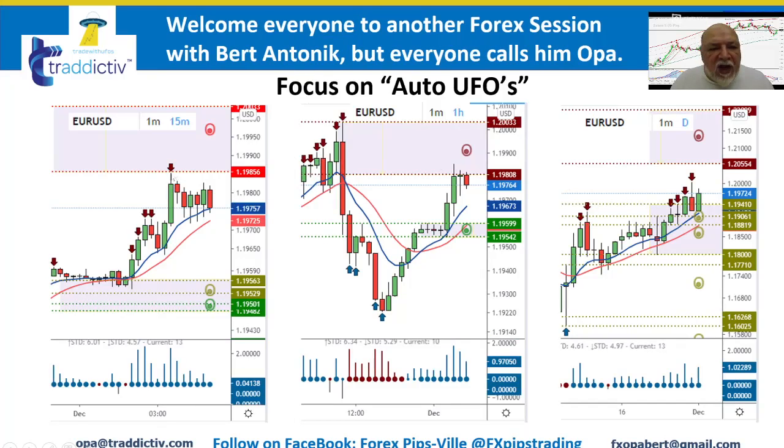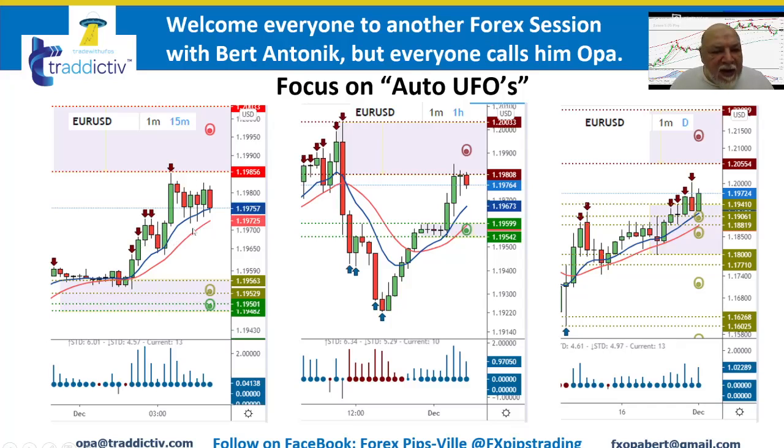Here is an indication of how we correlate multiple time frames, the 15-minute, the 1 hour, and the daily on TradingView. And you can see in TradingView, we have the UFOs, the unfilled order areas with the actual UFO in it. And so you can look at this.